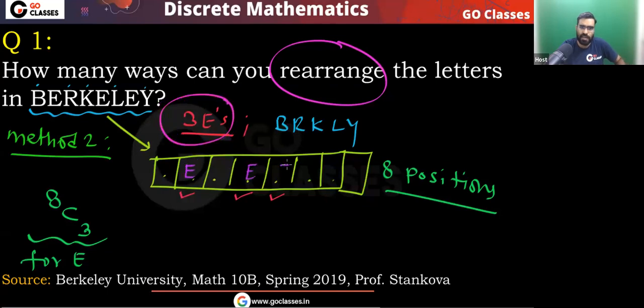There is only one way. You have to put them like this. So I can say this is multiplied by 1, that is for E.